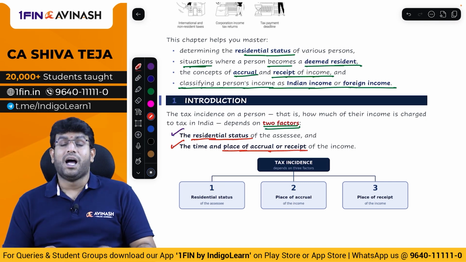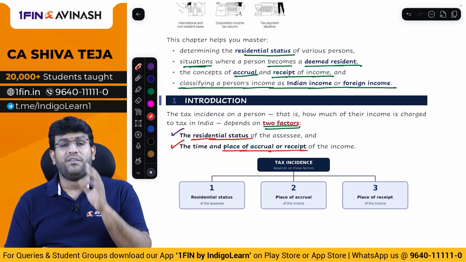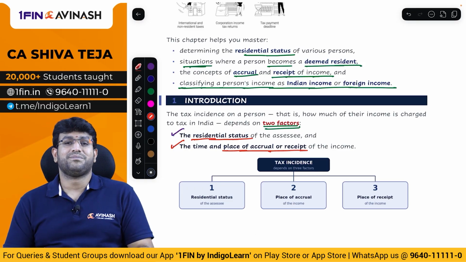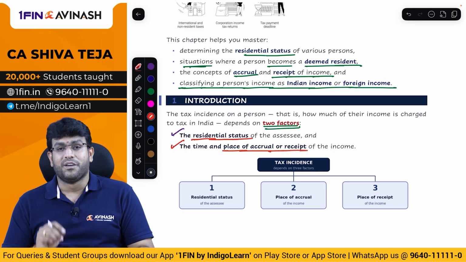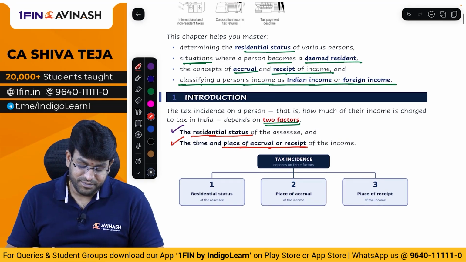Based on these two parameters, we will decide which income is taxable and which income is not taxable. Are we all clear, everybody? Let's proceed.